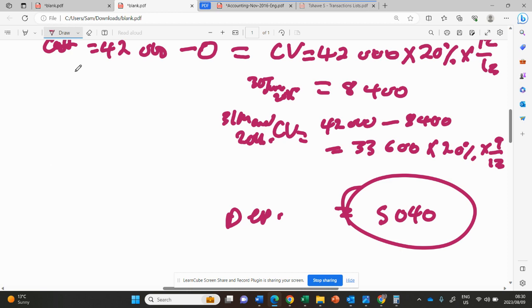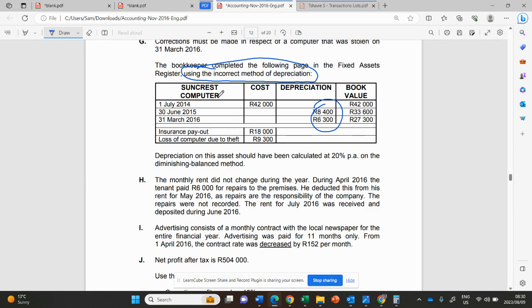So now remember, which one are we supposed to use as the depreciation? We want to check the current year.